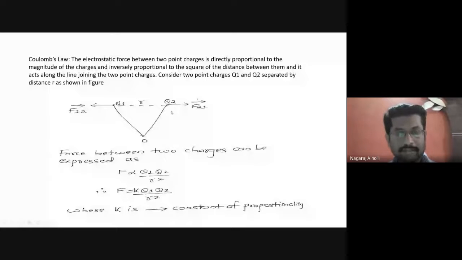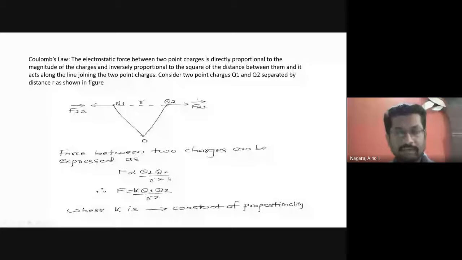Then, in mathematical form, the formula for the electrostatic force is: F is directly proportional to q1 into q2, the product of the magnitude of the two charges, and inversely proportional to r square, where r is the distance between the two point charges. This is Coulomb's law.